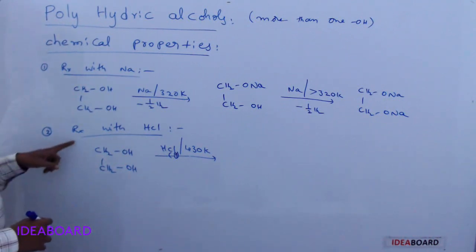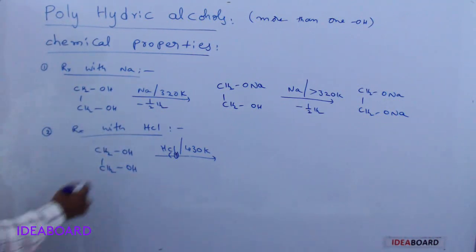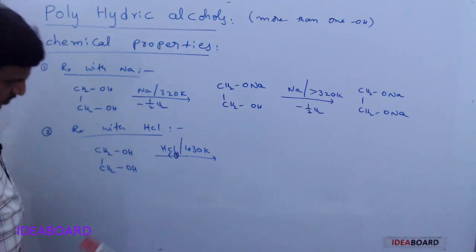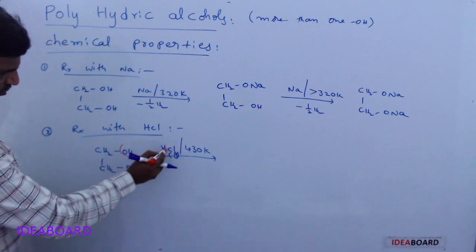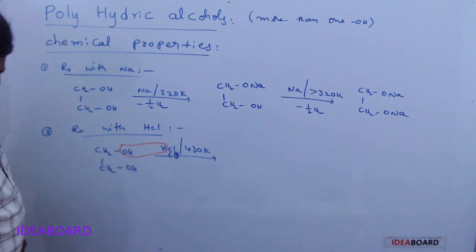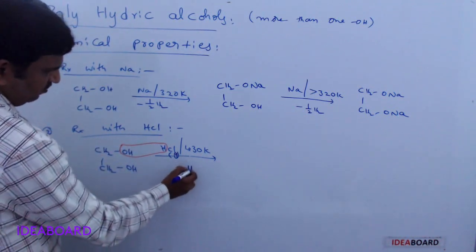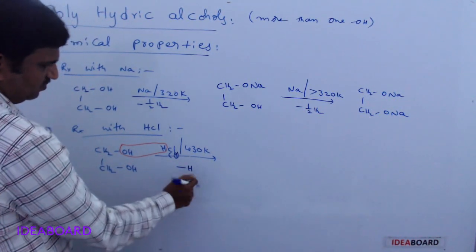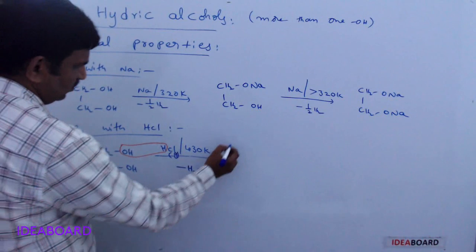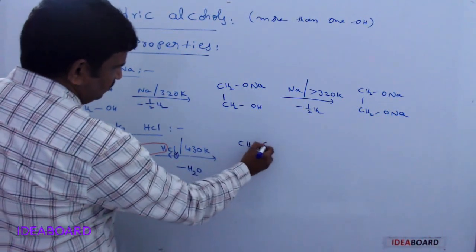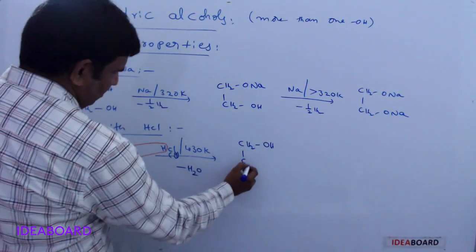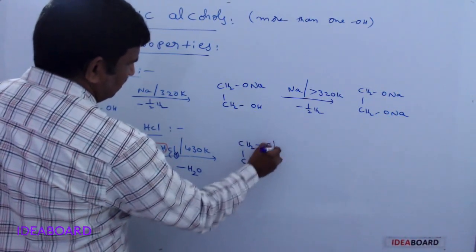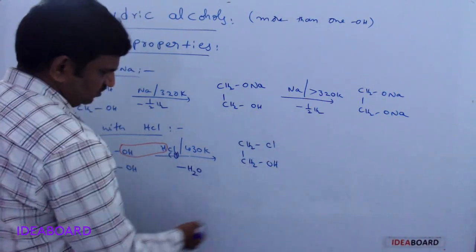Then next, reaction with HCl. Here also the same thing: the H and OH group is eliminated, minus H2O. Then we will get CH2Cl and CH2OH.